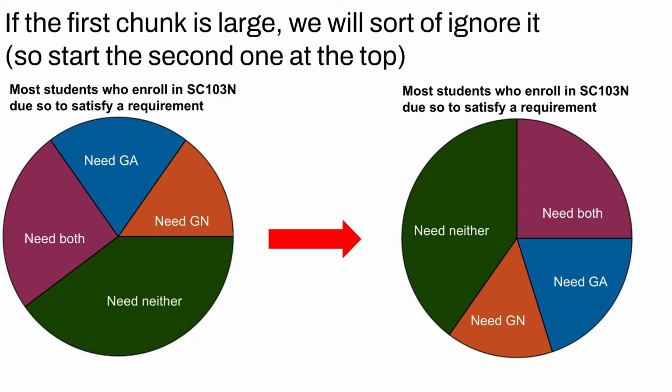Now it becomes even easier to process what's happening. I start with this large chunk that largely I can ignore because it's immediately obvious to me that it's huge. And then I can move around this circle in a clockwise direction from second largest down to the smallest slice. And again, we're just increasing the ease with which a human being can process the data we're showing them.